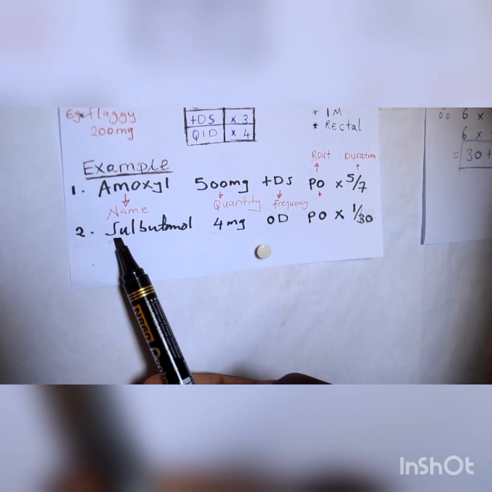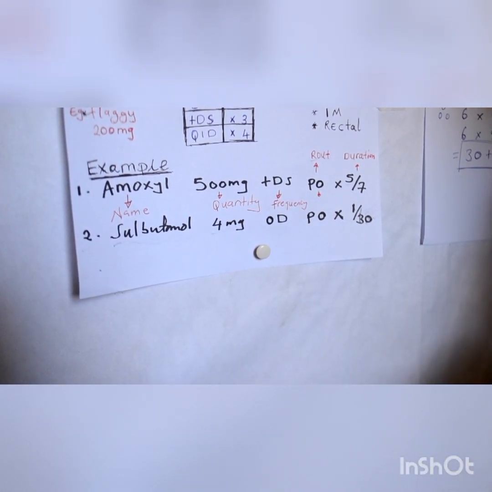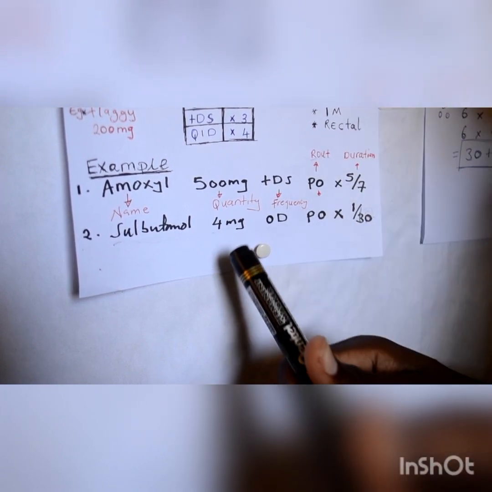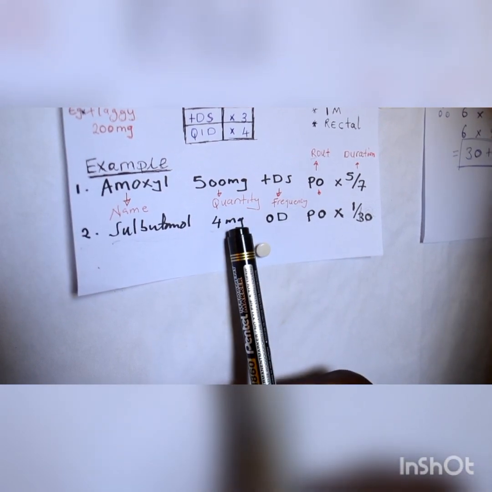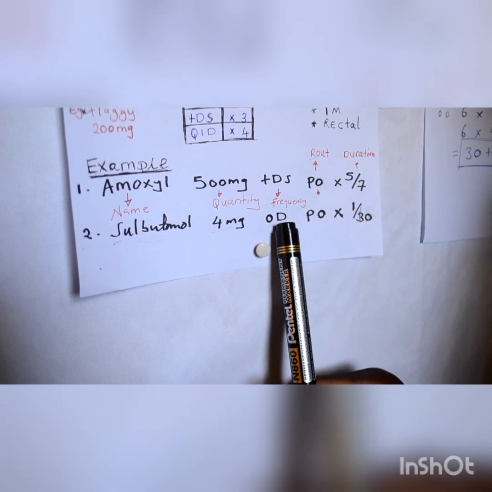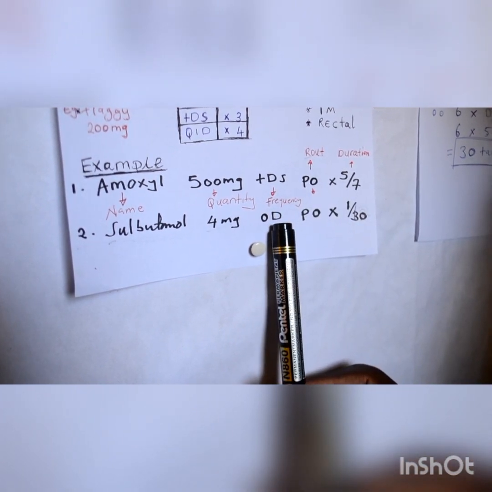For example, salbutamol, which is also Ventolin. It's the quantity, so the name, then you come to the quantity. So it's 4 milligrams. Then the frequency is OD, once a day.